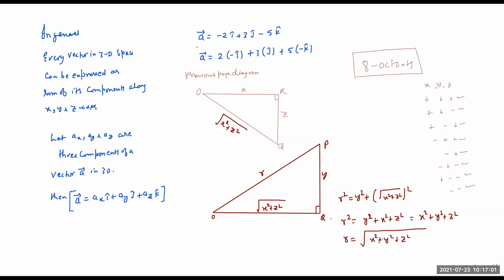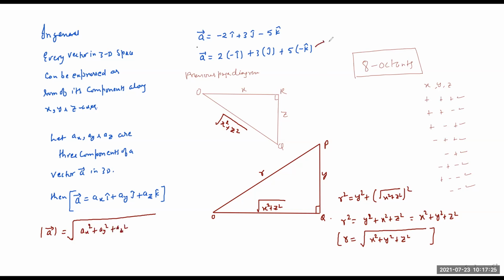Although we have derived it for the R vector, it is true for all vectors. So mod of A we can write as under root of the sum of squares of components.